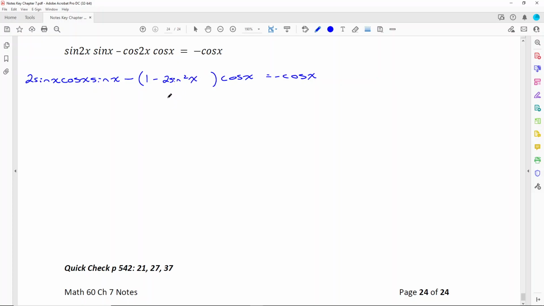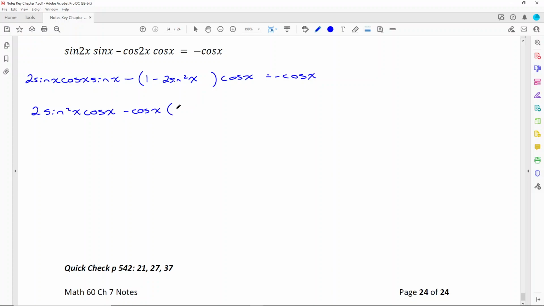Because again, if I had chosen the last one, which was 2 cos squared x minus 1, I think, if I distribute the cos through, I'd get a cos cubed x. So I think this is the one that's going to be a winner. So I've got 2 sine x cos x sine x, which I'm going to write as 2 sine squared x cos x. And then I'm going to distribute negative cos x through. So maybe I should write this. Never hurts to show steps.